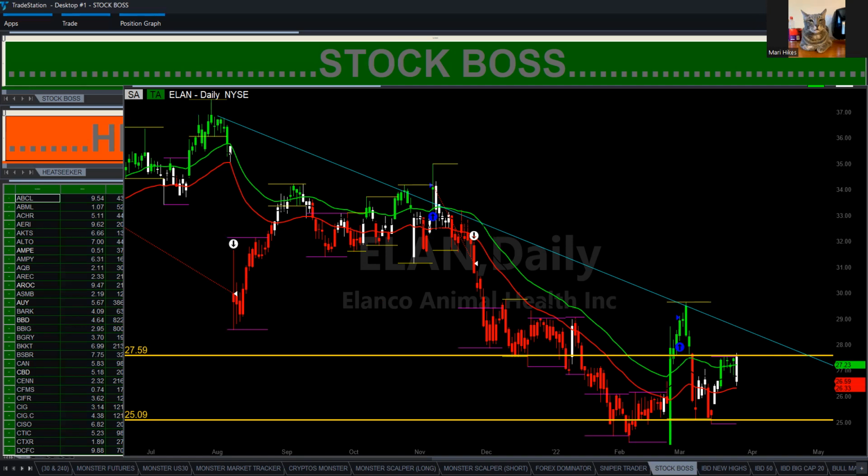But then here comes that huge white candle. So we're going to make an analytical decision that possibly the next will be another red candle.